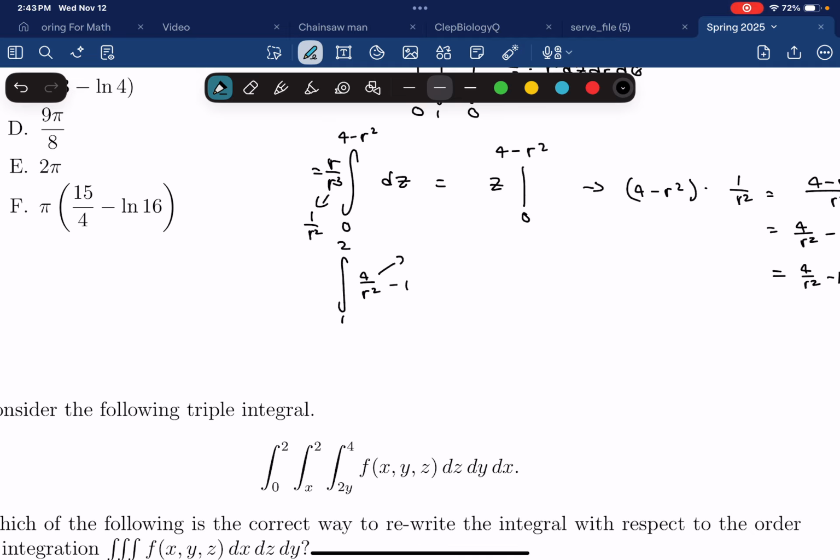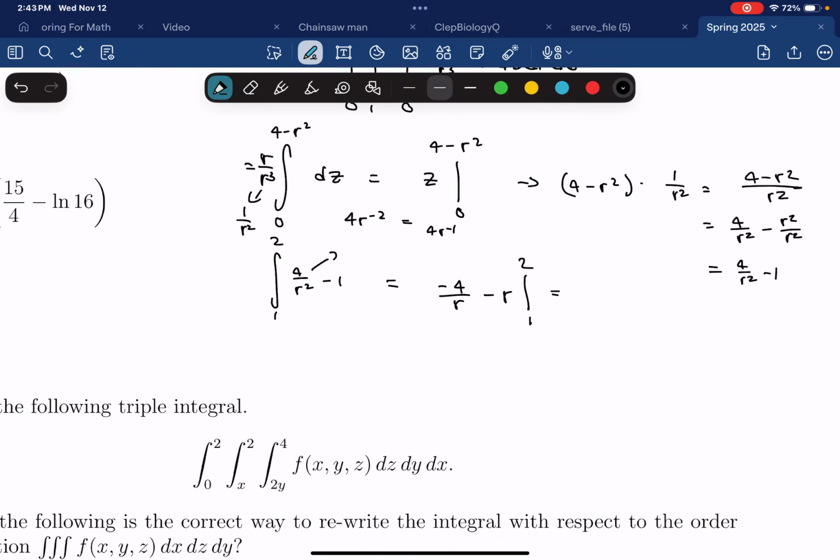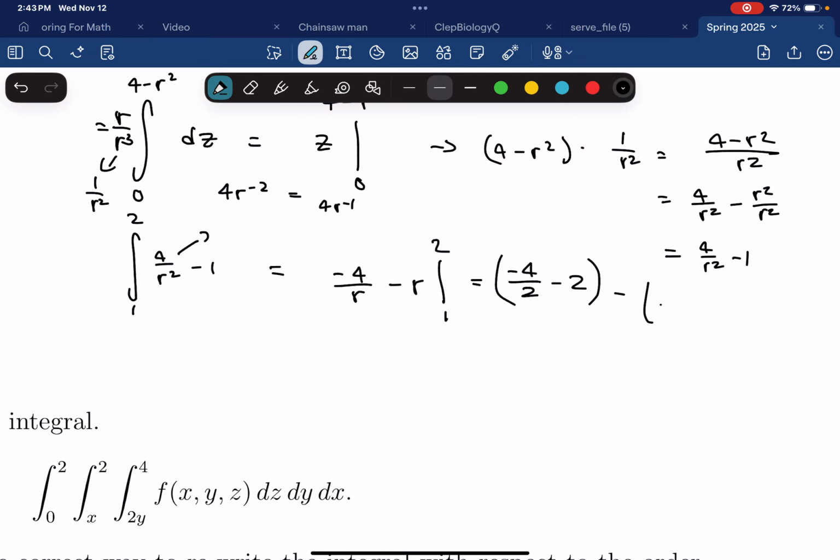Now our radius bounds are from 1 to 2, of 4 over r squared minus 1. So in this case, 4r to the negative 2 integrates to 4r to the negative 1, which simply returns us negative 4 over r. This just becomes a negative r. That's from 1 to 2, which gets us negative 4 over 2 minus 2, minus negative 4 minus 1, which gets us negative 2 minus 2 minus negative 5, which gets us negative 4 plus 5, which is 1.